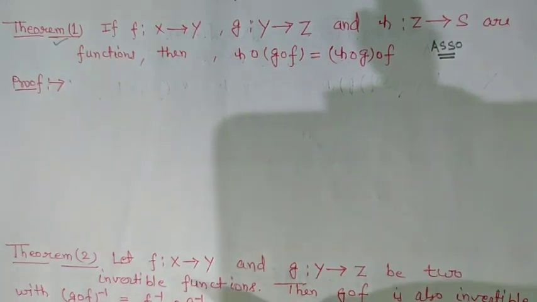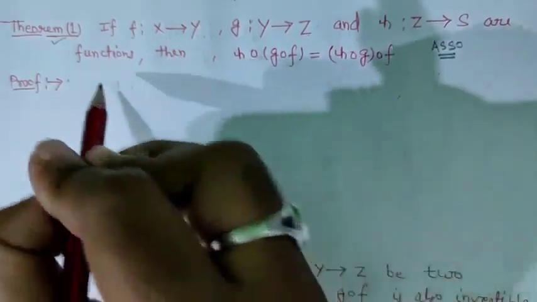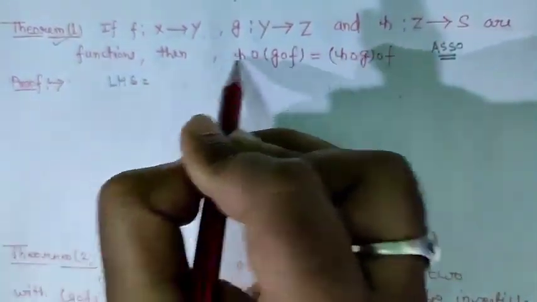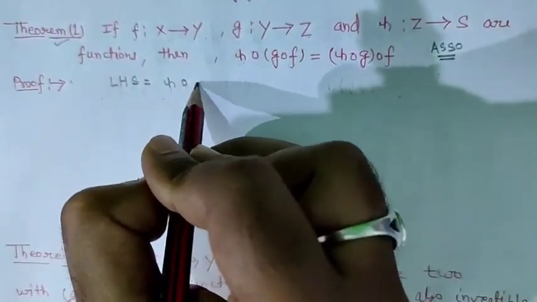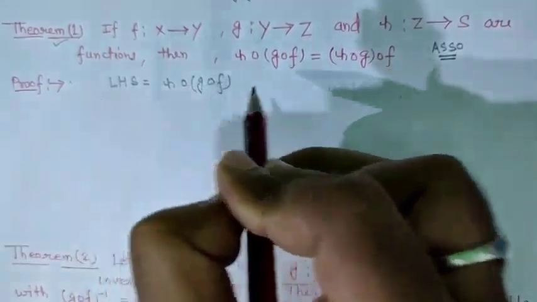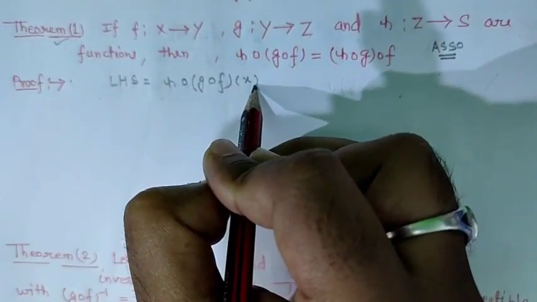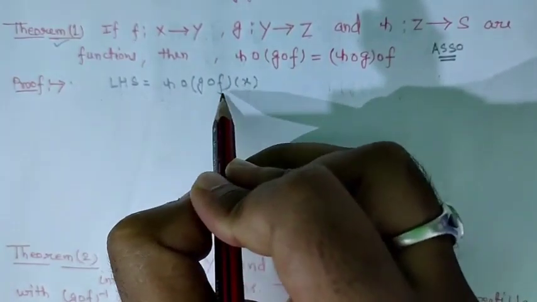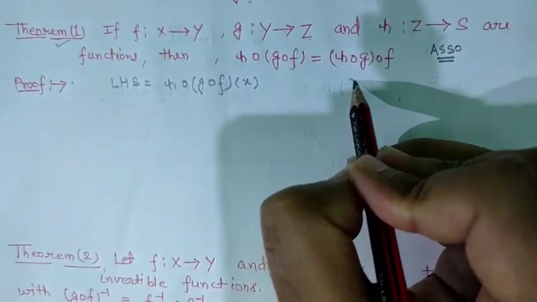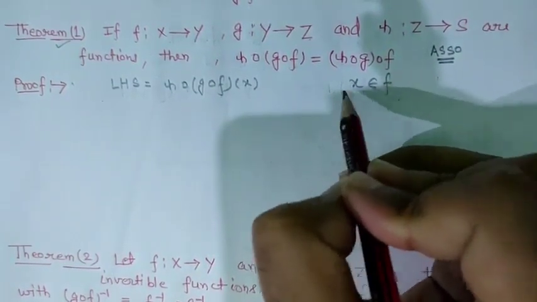For that we will first take the LHS, left hand side part, ho(gof), and take a number x which will belong to X.